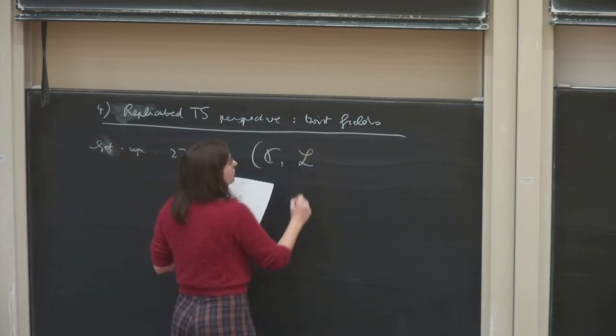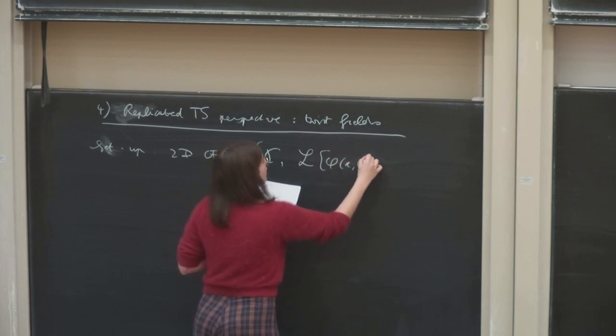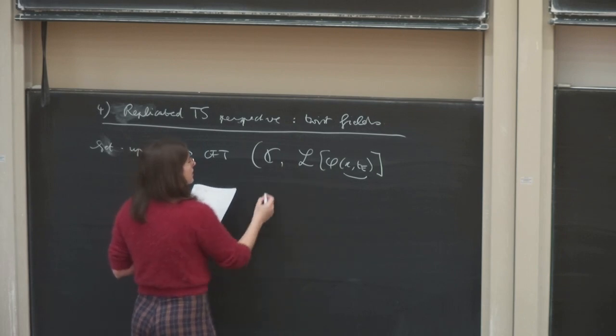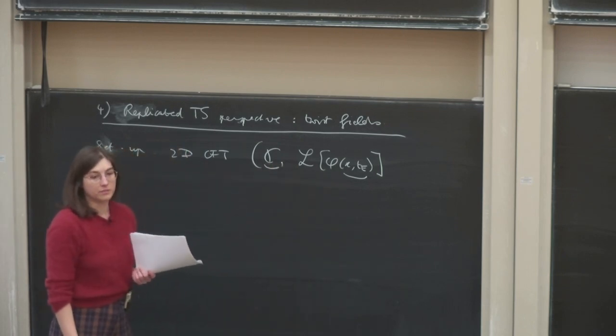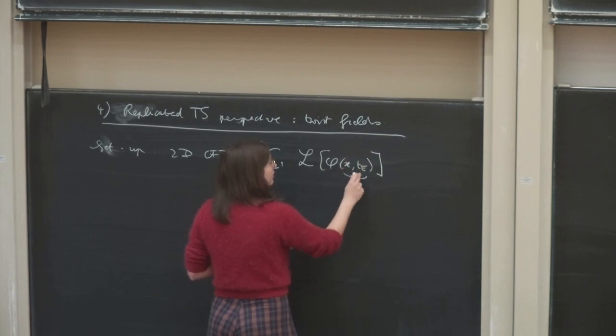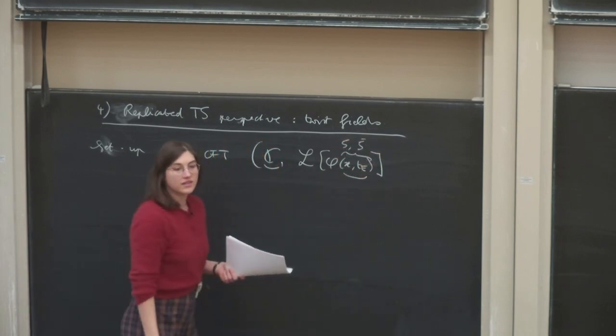So some theory with some Lagrangian for fields phi with coordinates x and Euclidean time that run over the complex plane. Okay, so I used either x and t_E, or at some point I used complex coordinates zeta and zeta bar.